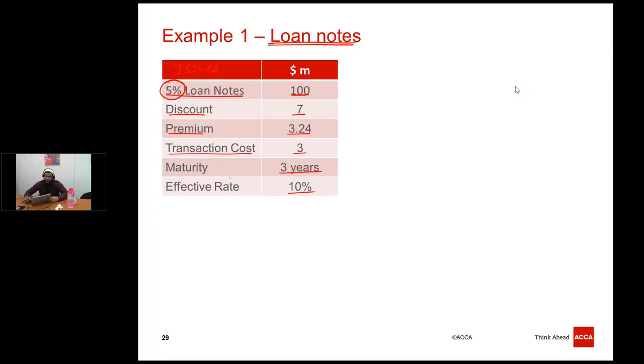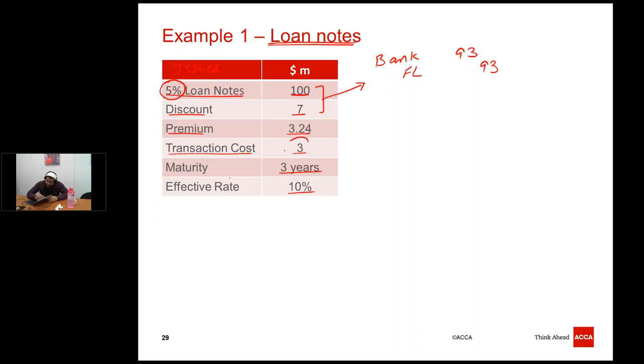Now, we have issued 5% loan notes at a discount of 7. This means that the amount we have received is actually 93. So the entry is bank debit by 93 and financial liability credit by 93.